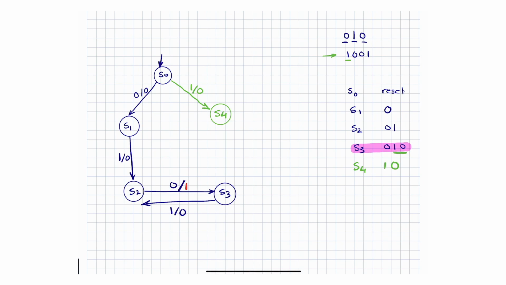So maybe I can modify S3 so that I consider it as if it remembers 1 followed by a 0, or 0 followed by 1 followed by 0. So I can consider S3 not only as seeing 0 followed by 1 followed by 0, but also 1 followed by a 0. That will allow me to do the following in here.